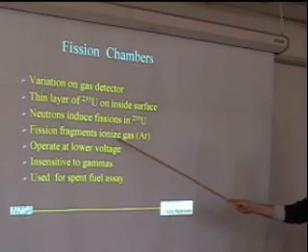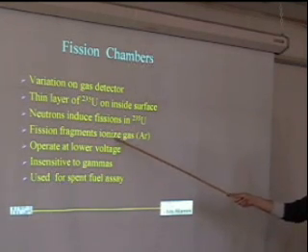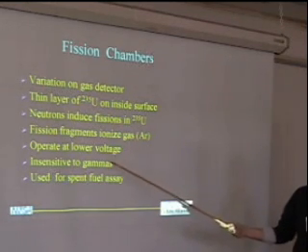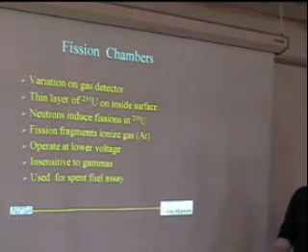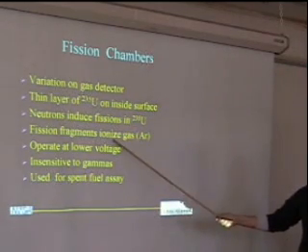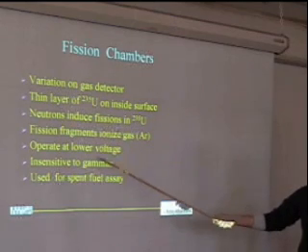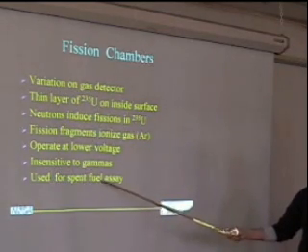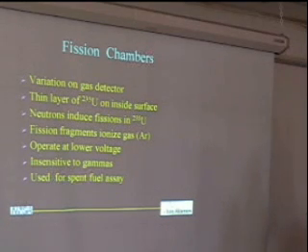And because the fission fragments have a larger ionization potential, you can operate these at a lower voltage. And because of the large signal that you get from fragments, you also are less sensitive to gammas. And so this is particularly useful for spent fuel assay. In fact, I think it's the only way that we have of assaying spent fuel right now.